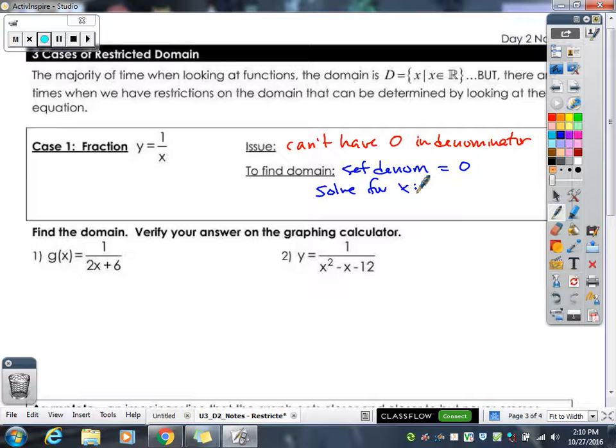The notation will look like this, that the domain can be such that x cannot be whatever solution we got for x when we set the denominator equal to 0.